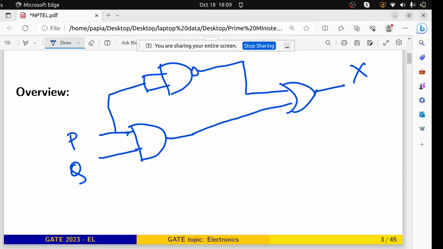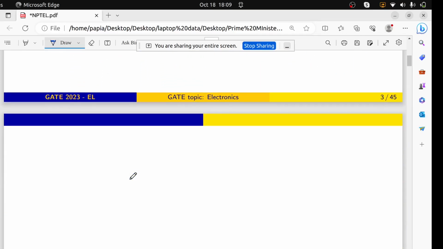So this is P, Q and X. First of all, I think all of you know the properties of the gates, that means AND gate, OR gate and NAND gate. But still I am just going to write it a little bit. So let me check AND gate first. For AND gate, let our inputs be P and Q.